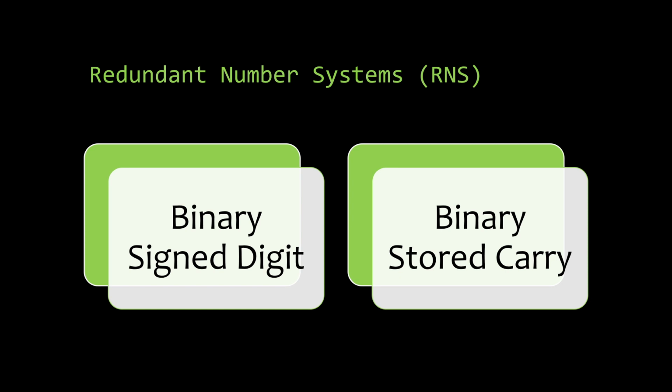Redundant number systems are different because they take 2 bits per binary digit to determine the value of a digit. There are 2 types here, a binary signed digit and binary stored carry. Binary signed digits have a value of either -1, 0, or +1, and binary stored carry has a value of 0, +1, or +2.